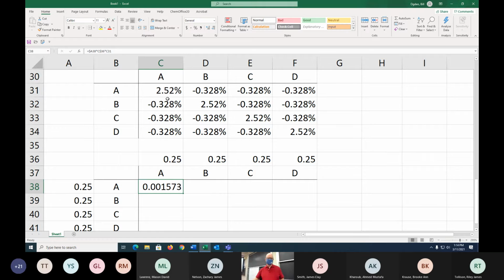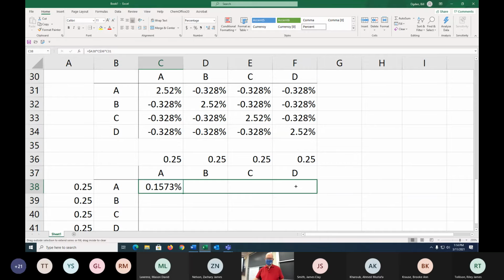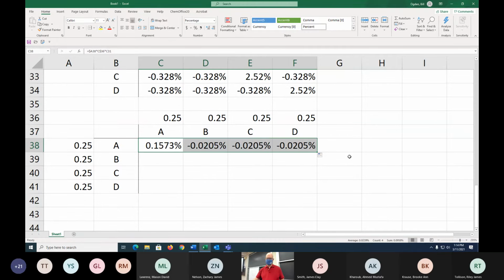All right, so let's make percentages out of this if we could. So weight times covariance. Copy that across. Copy it down.